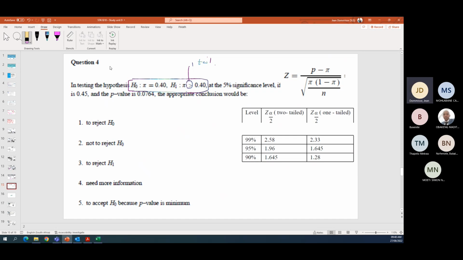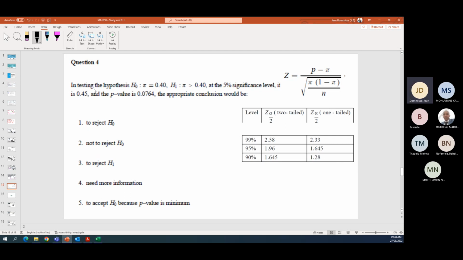And again, I personally hate this because English is not my first language. So to really understand what are they saying, to reject H, to not do this, to reject that. So let's just go through it.